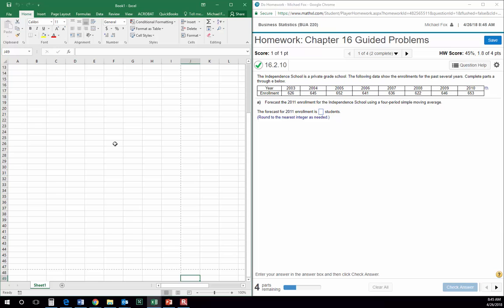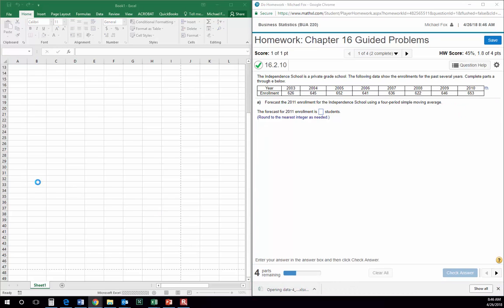I'm going to walk you through, like I always do with these guided problems, these 4 problems that are representative of what you'll see in the homework. So let me start by opening up the data in Excel.